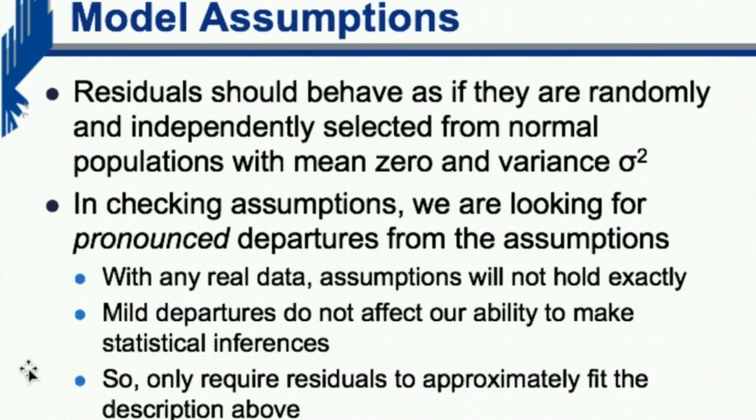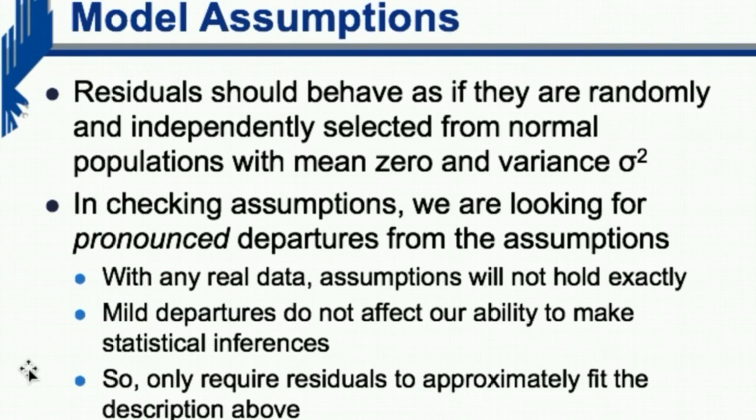Now, in order to check if the assumptions are satisfied or not, there are multiple graphs and multiple tables that we can look at. So again, residuals should behave as if they are randomly independently selected from normal populations with mean 0 and variance sigma squared.